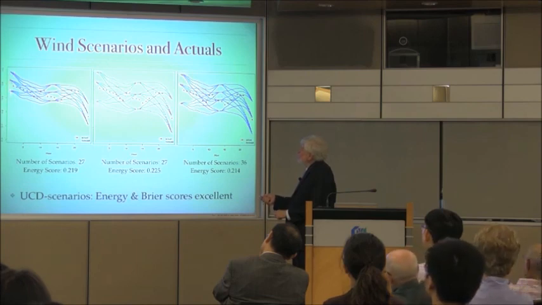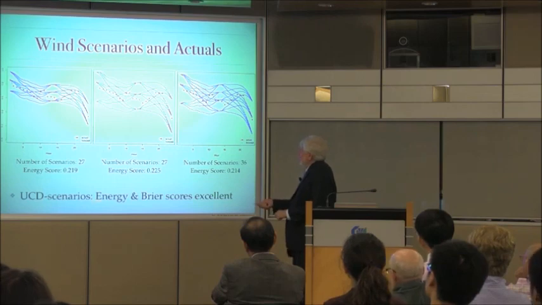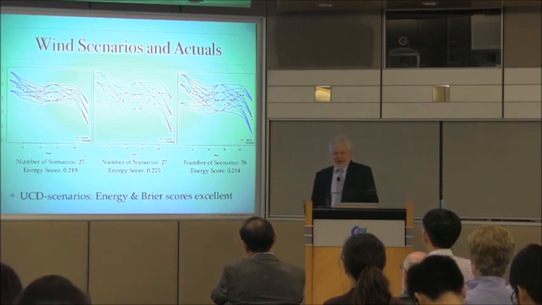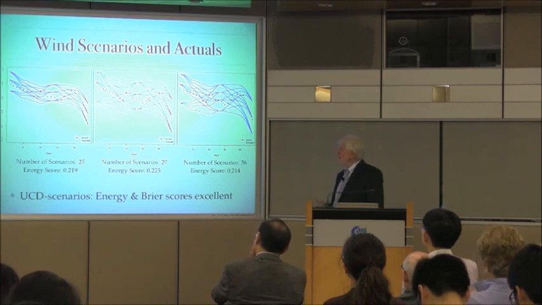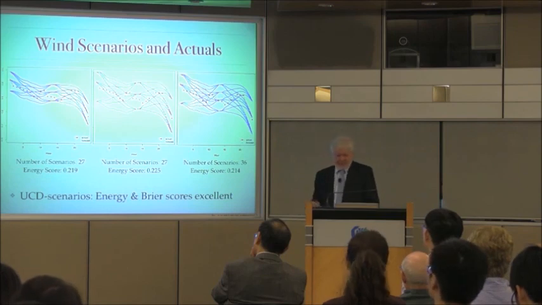So you have more than one starting point, and they evolve over a certain number of time steps. As far as engineers are concerned, in order to check scenarios, they look at the energy score and the Brier score. And so far, the ones we have generated have been winning prizes because the energy scores and the Brier scores are the best possible.